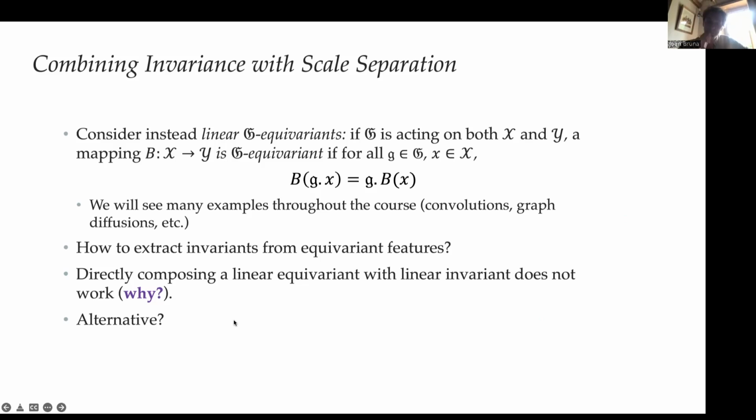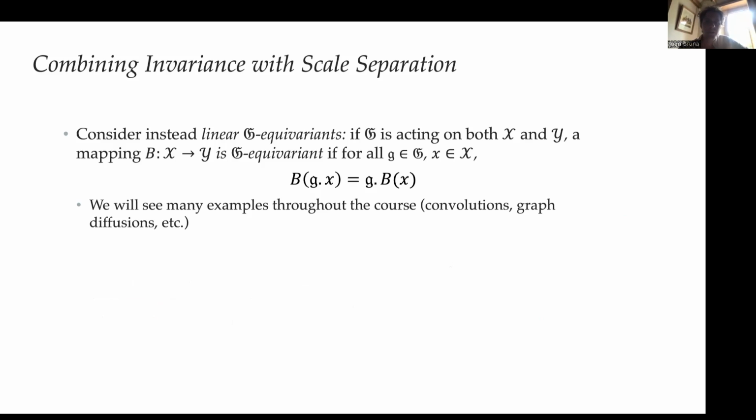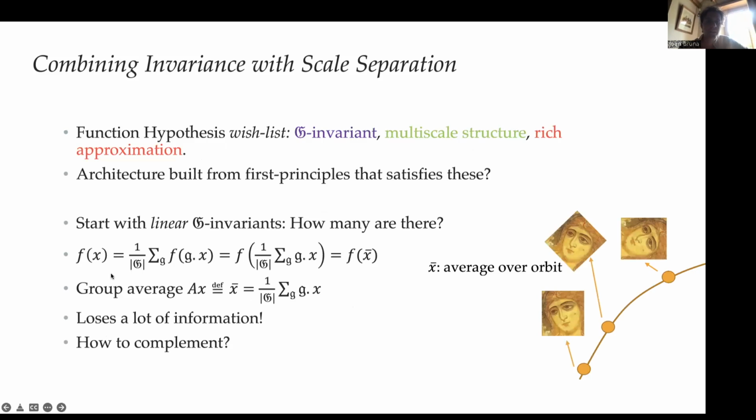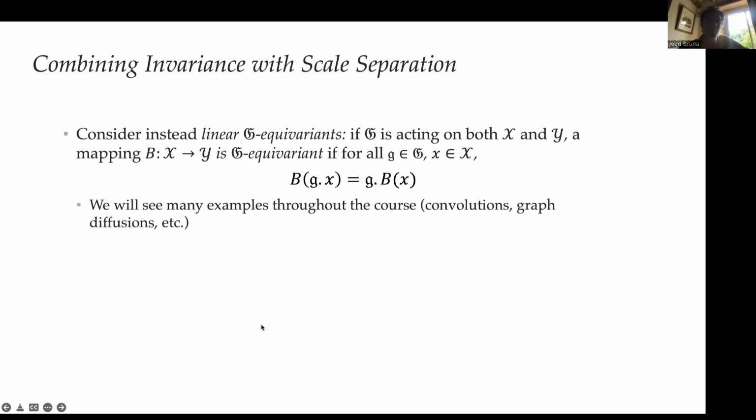The answer is no. When I compose a linear equivariant with a linear invariant, I still have a linear mapping, since the composition of two linear maps is still linear. And we just saw in the previous slide that the only linear invariant is the average. So if I start composing linear operators, I'm not going to get any more expressivity.